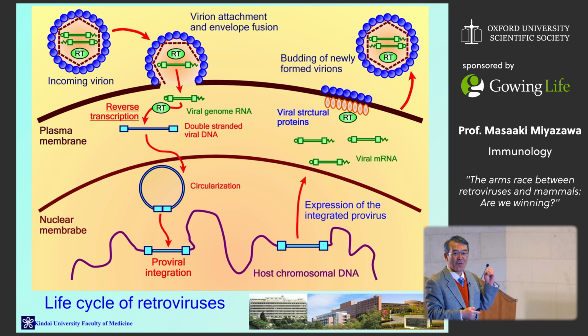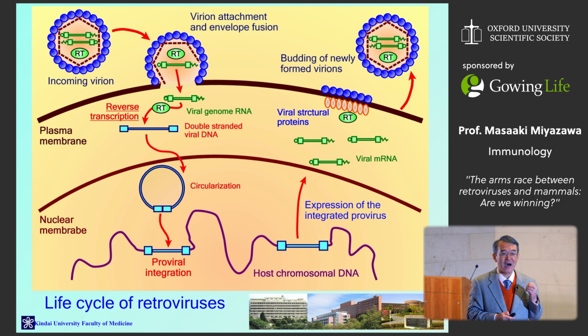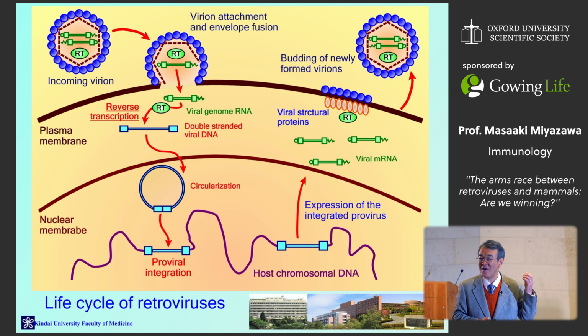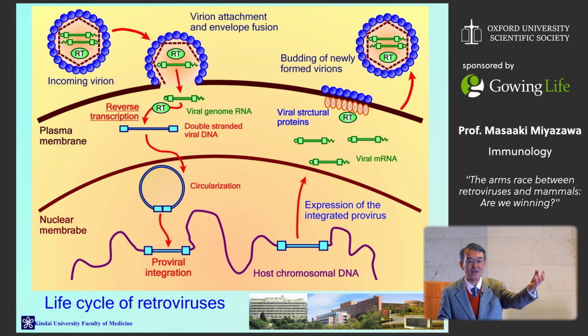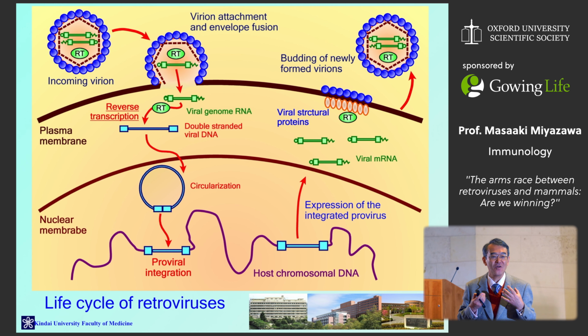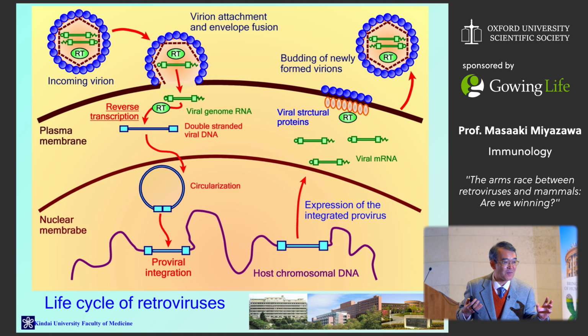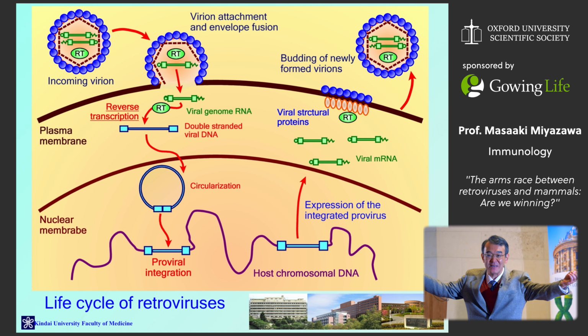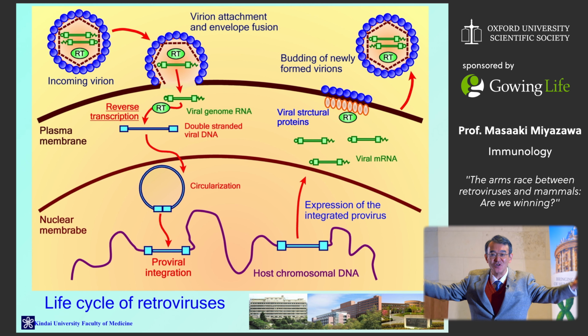Okay? So that is why retroviruses are so difficult to handle and fight against. Once you are infected, for example, with HIV, you have your own cells that contain the viral genome and continue producing viruses without being destroyed.